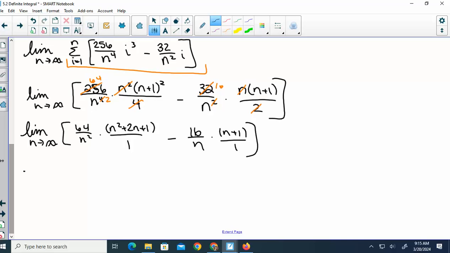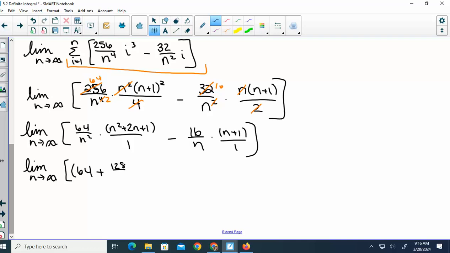Oh yeah, you can do as much as you want. I'm just trying to show you the work here. Okay, so if I distribute, 64 n squared over n squared would turn into 64. Okay, 64 times 2n would be 128n over n squared.